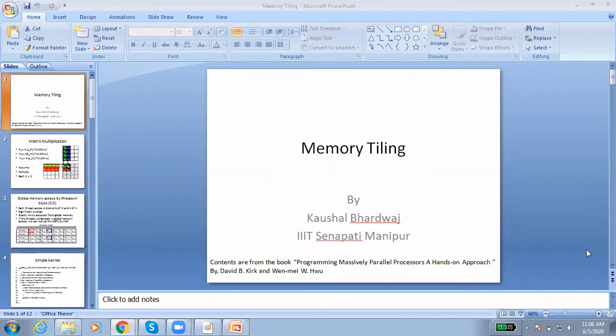Now the thing is, basically when we have a large amount of data to access, and this data is being accessed from RAM, I should say global memory, the global memory access time is more.